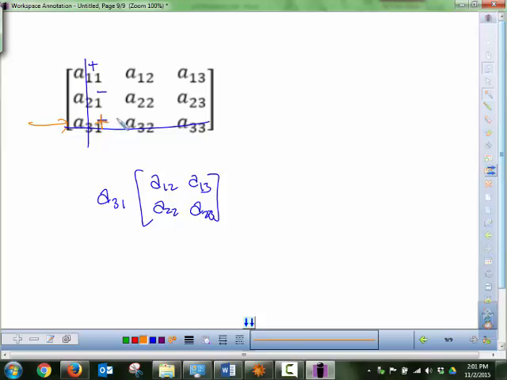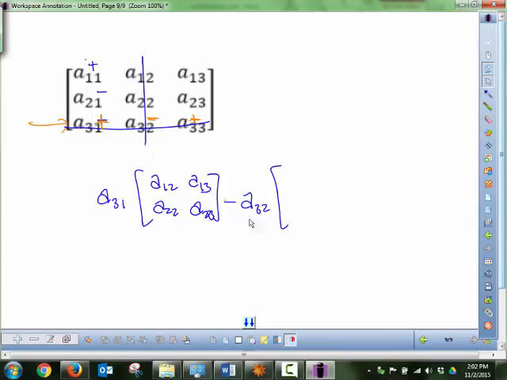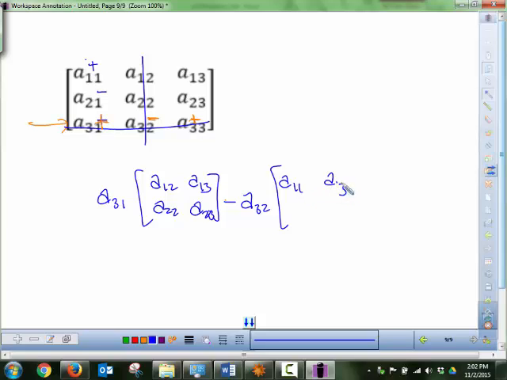So this is a plus, this is a minus, this is a plus. So minus, my second one is going to be minus A32. And the submatrix after I cross that out, I have A11, A13, A21, A23, and then plus my last one, A33 times the submatrix, A11, A12, A21, A22.